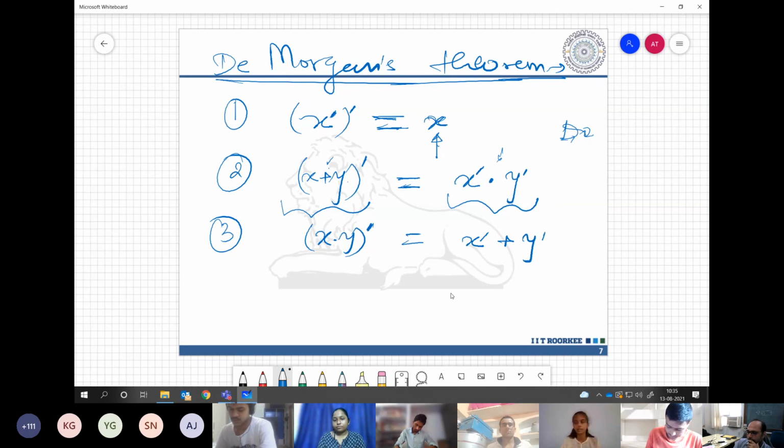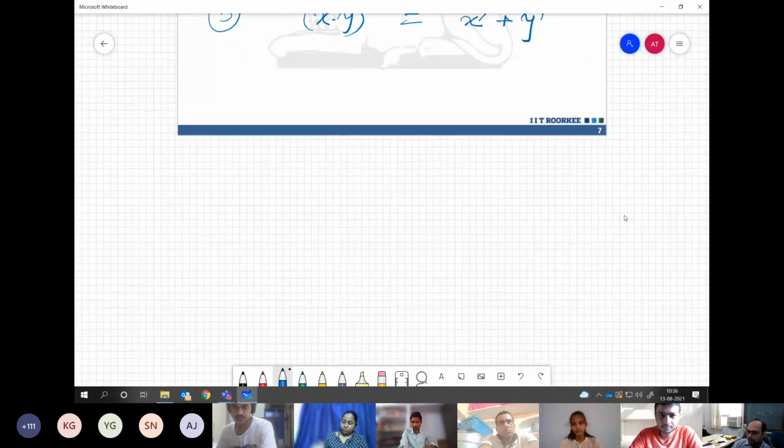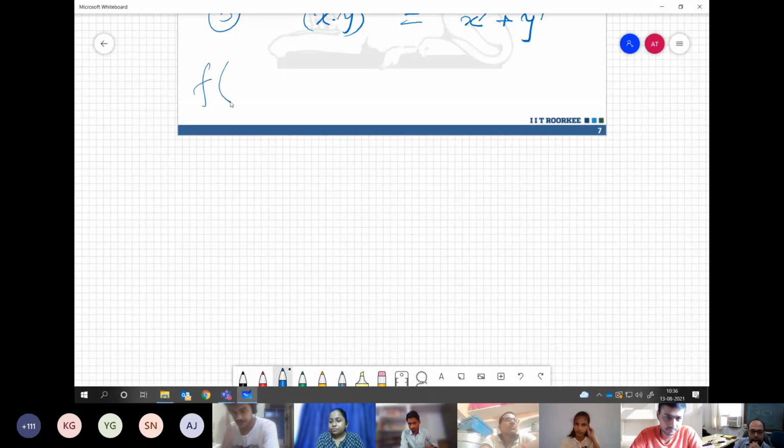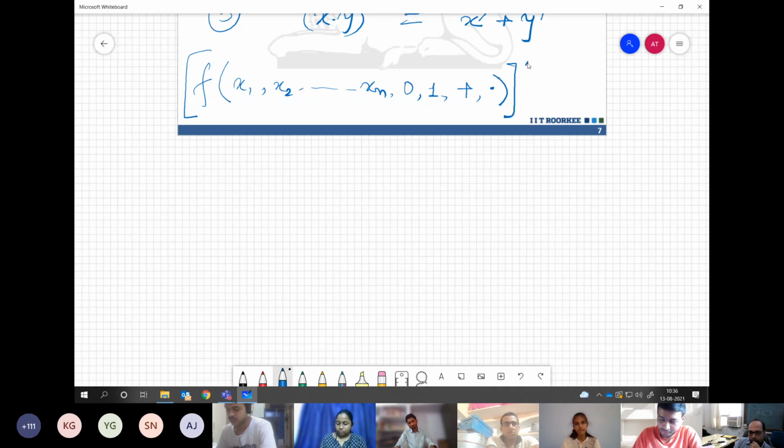Fine. Now, if we generalize this, this is not only true for simple functions or simple two input systems. In general, take any function where you have n number of variables, x1 to xn, and maybe some exact true values 0, 1, etc., and you may have some operators, and you take the complement of this total system.